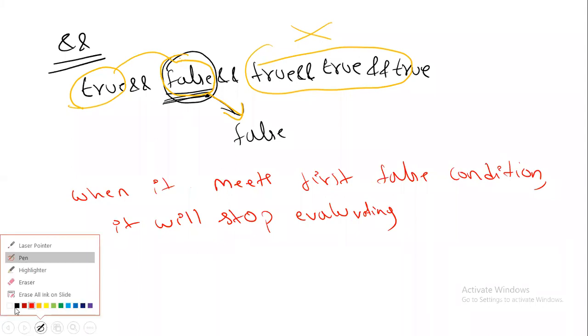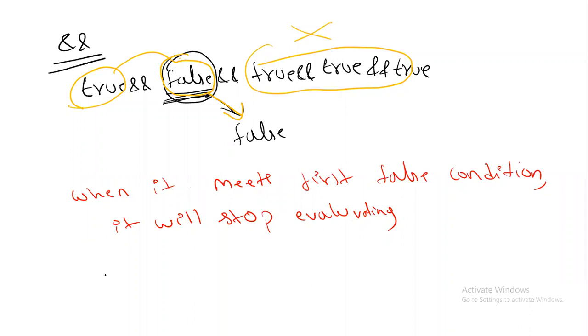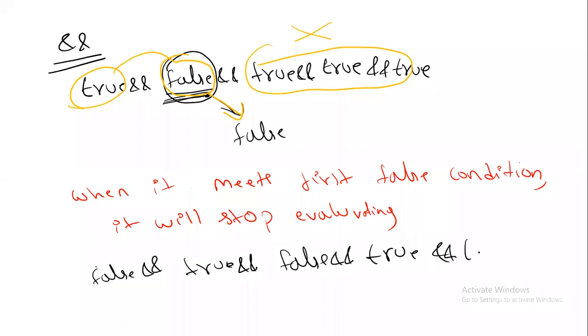Which means if I write like this, false and true and false, one more false here, and true and true, definitely the answer is false. But how the control will flow is like this. First the control will come here. As soon as it sees the first false condition, immediately the control will come out.